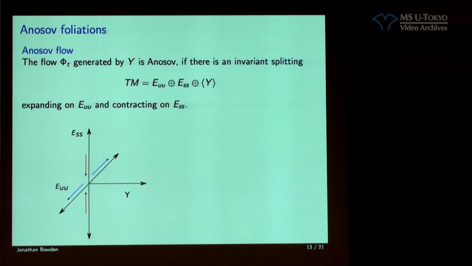So the plane field spanned by the flow direction and the stable, the strong stable foliation, or the weak stable, I will call Anosov.